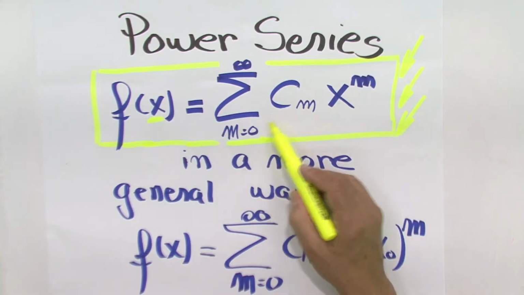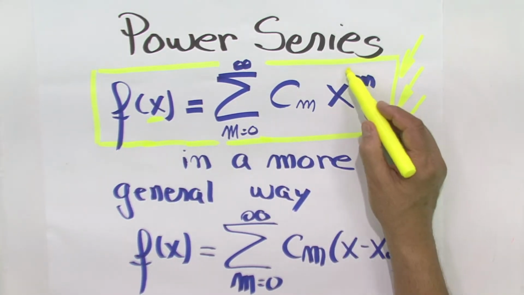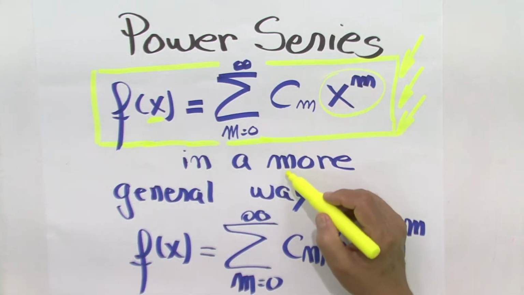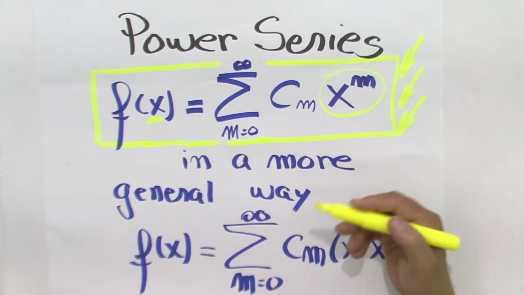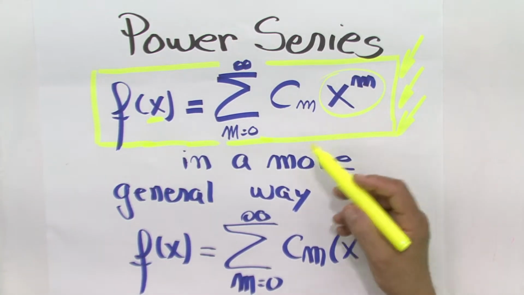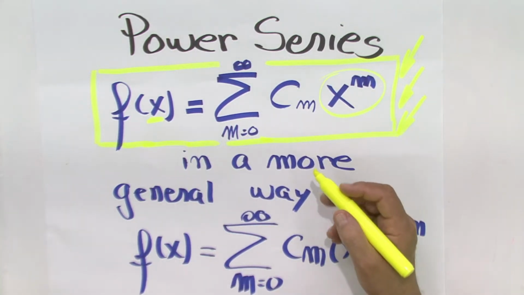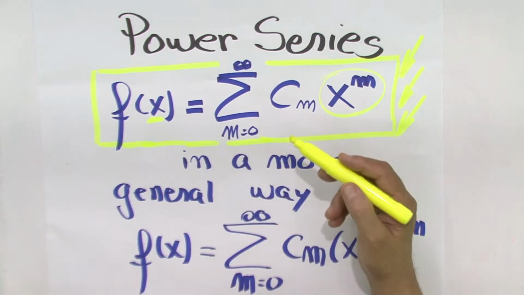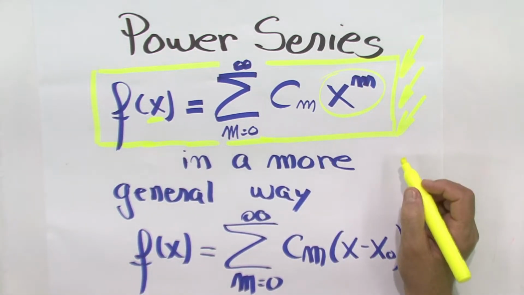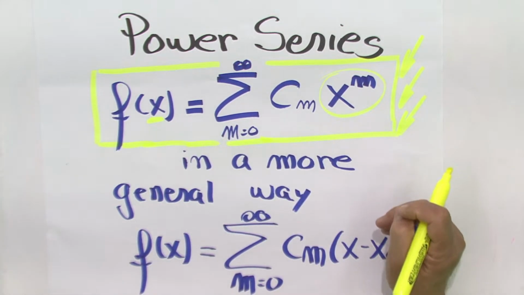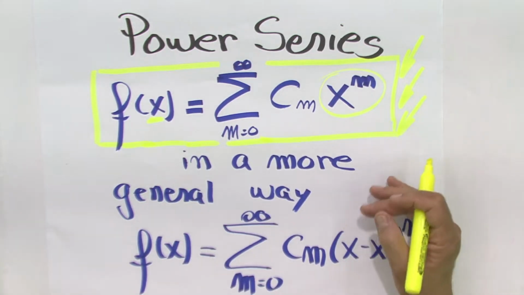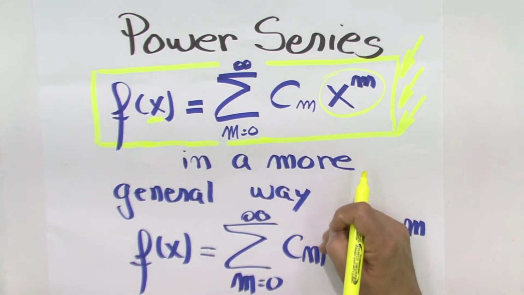As a series, as a sum of powers of the variable, it means that instead of looking for the function itself in solving a differential equation, we can look for the solution as a power series. So that's the idea of using a method called the power series method for solving differential equations.